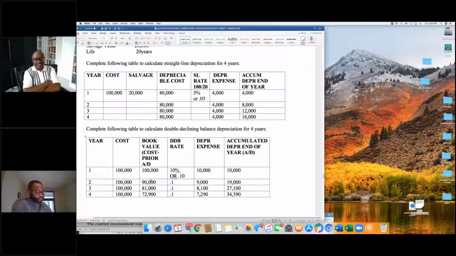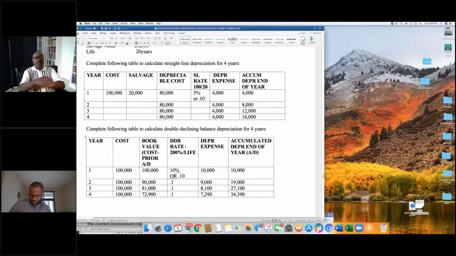For the double declining, how did you get 10%? We simply divide 200% by the life.